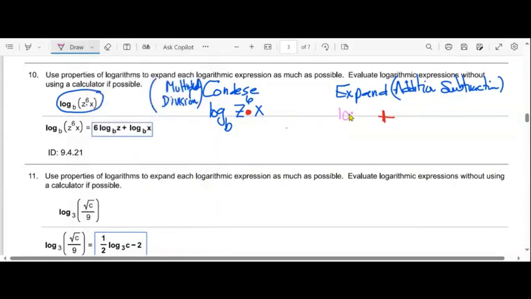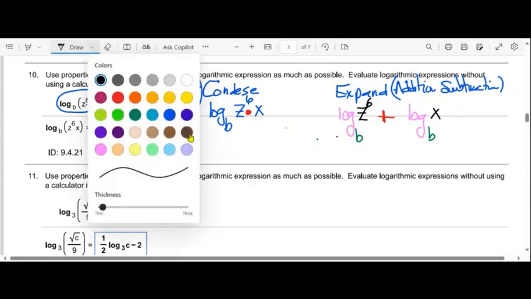So I have log, and log. What is the base for the log? The base is B. And here, what do I have? X.